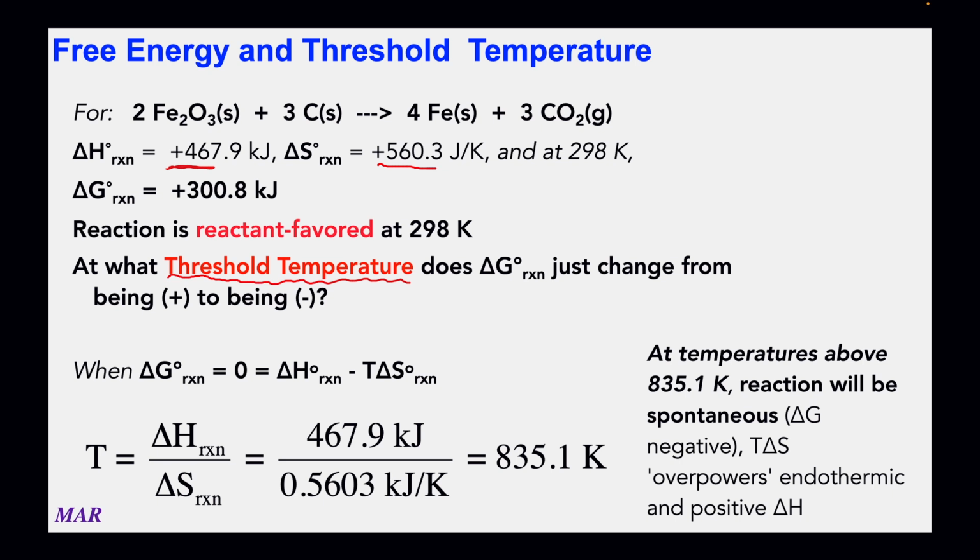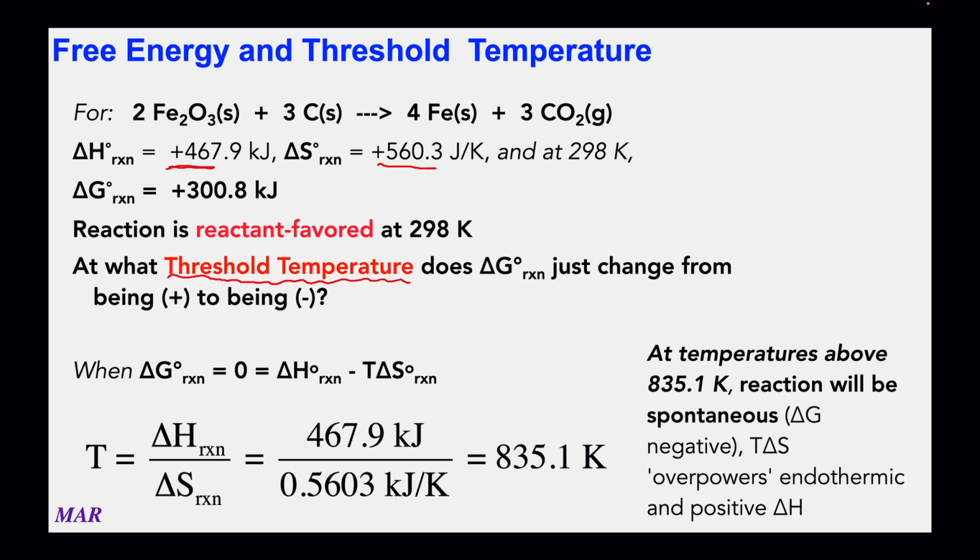It's only for conditions where delta H and delta S have the same sign. If delta H and delta S are both positive, the temperature you calculate, temperatures larger than that, will be spontaneous. Now, if delta H and delta S are both negative numbers, you can also calculate a threshold temperature, and then temperatures under that will be spontaneous.